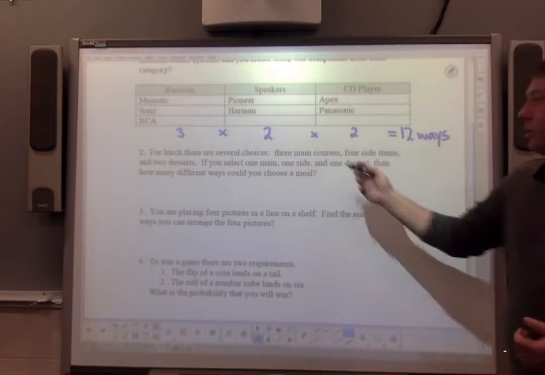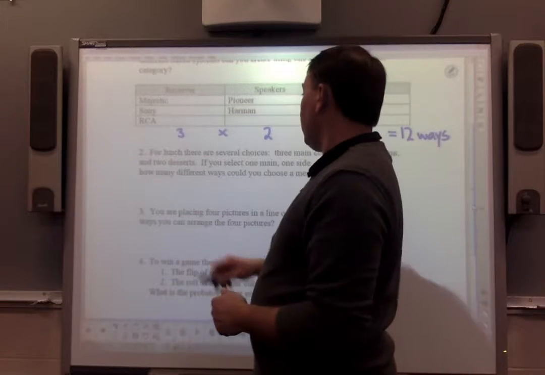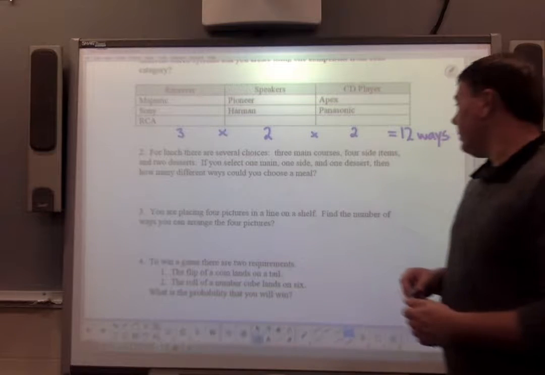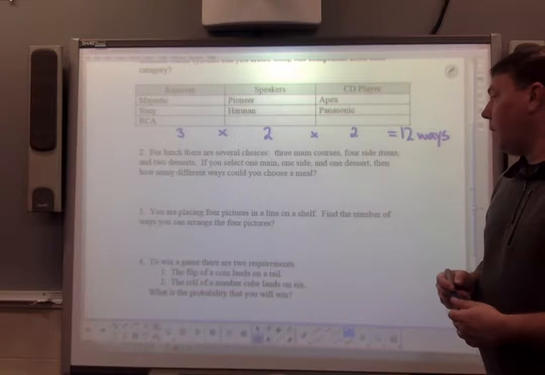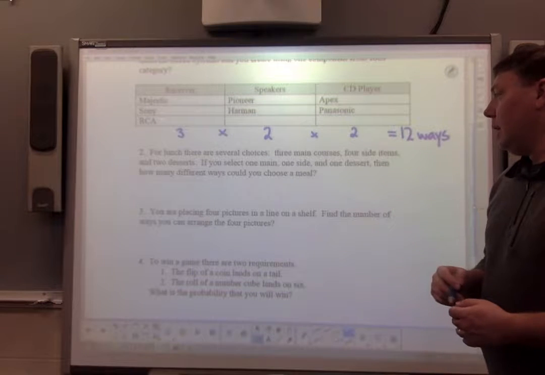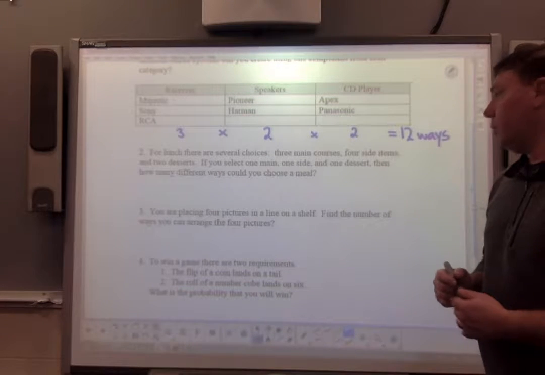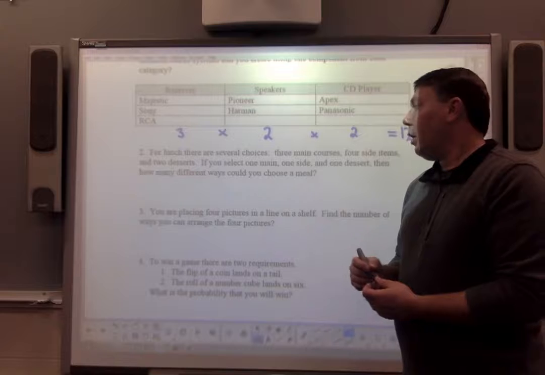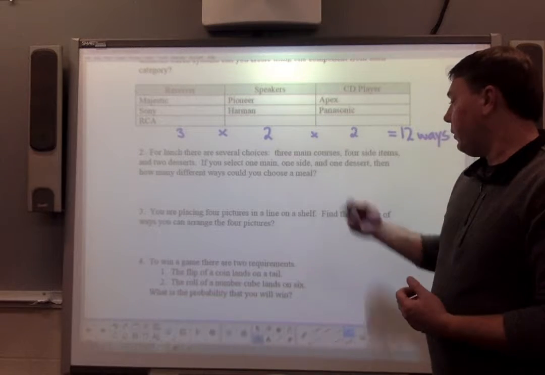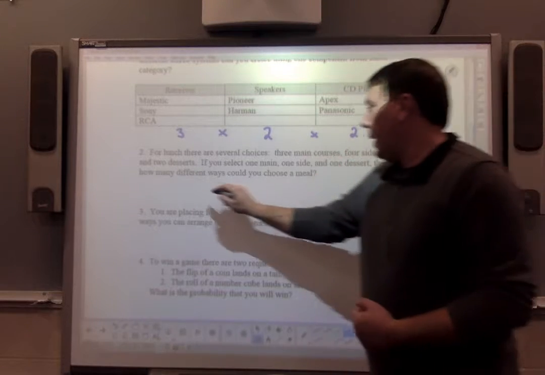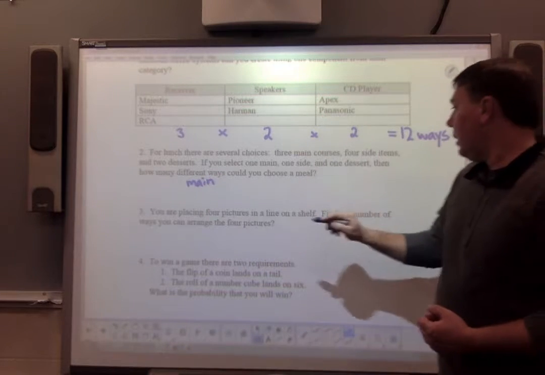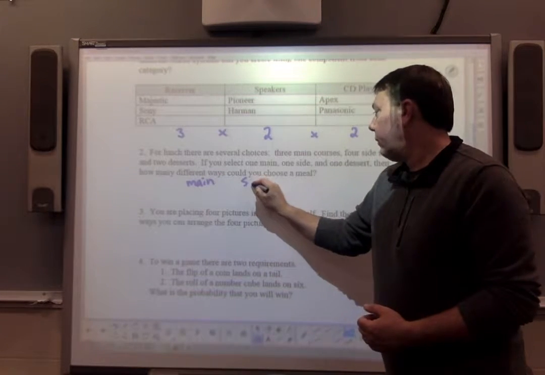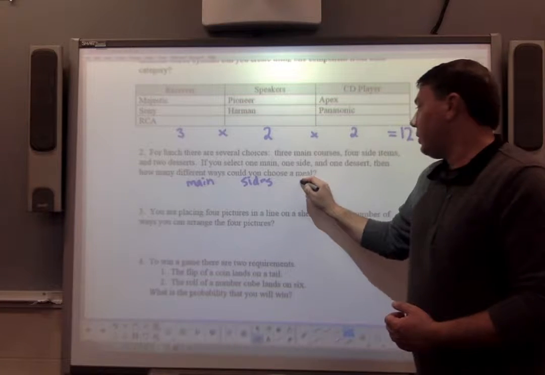Okay, question 2. For lunch, there are several choices, 3 main choices, 4 side items, and 2 desserts. If you select 1 main, 1 side, and 1 dessert, then how many different ways could you choose a meal? So what we're going to do is we have 3 different categories. We have the main, we have the sides, and we have desserts.